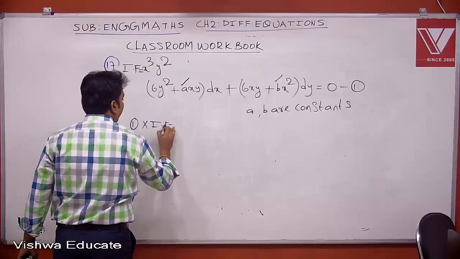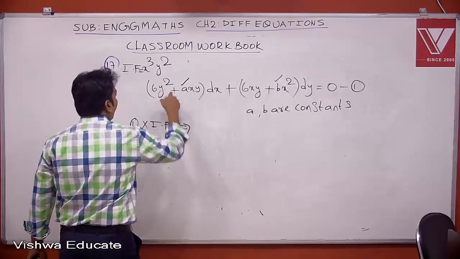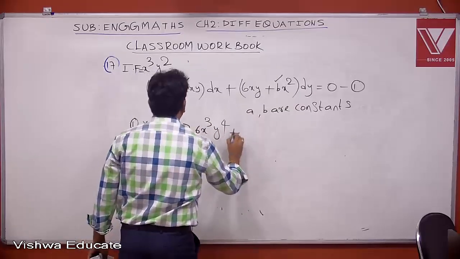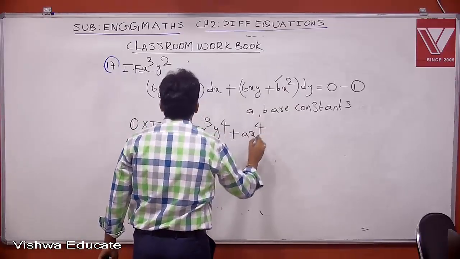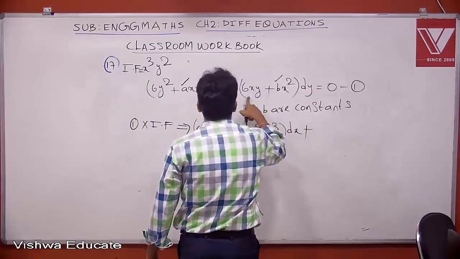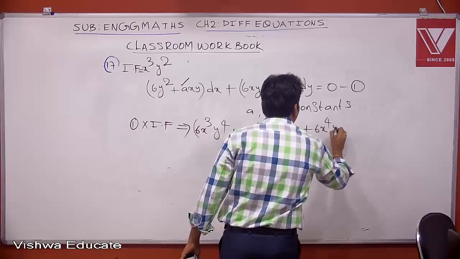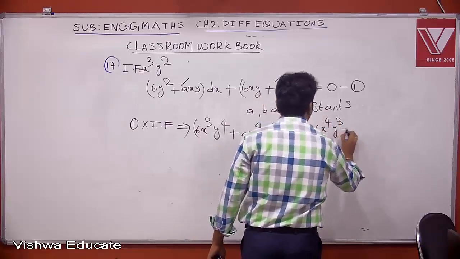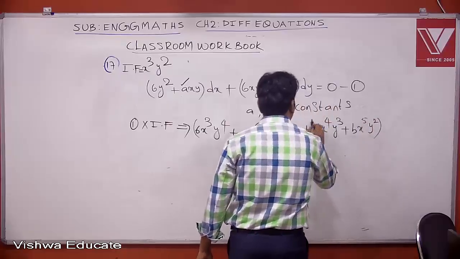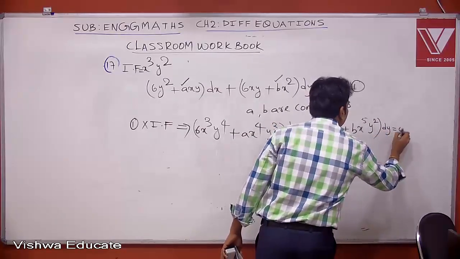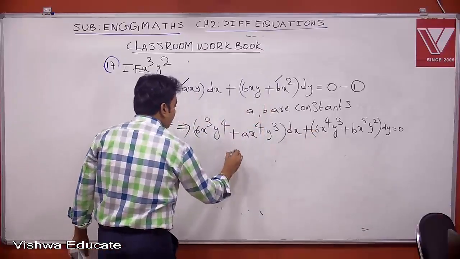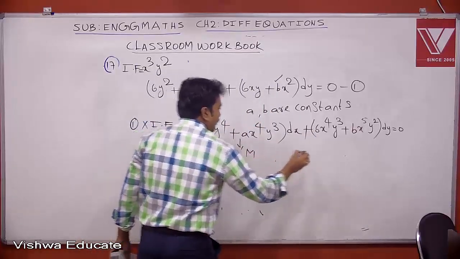So 1 into IF implies x cube into y square times the equation: (6x cube y power 4 plus a x power 4 y cube) dx plus (6x power 4 y cube plus b x power 5 y square) dy equal to 0. Now this is the M value and this is the N value.